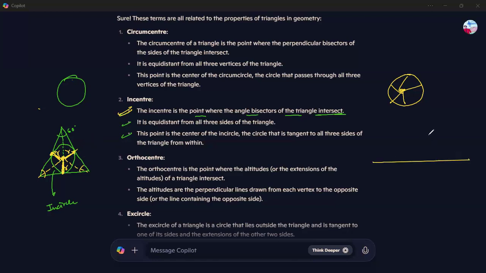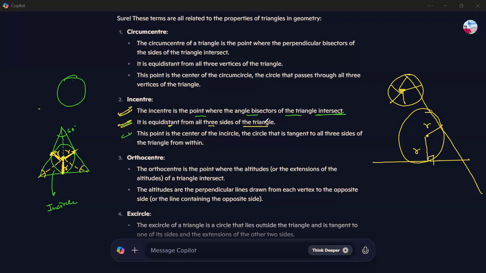If there's a line and a point, the distance we calculate is the perpendicular distance. So here, this is the circle, and this is the side that the circle is touching. The distance is the radius, and this will be the same for the other sides as well. That is why it is said that the incenter is equidistant from all three sides of the triangle.